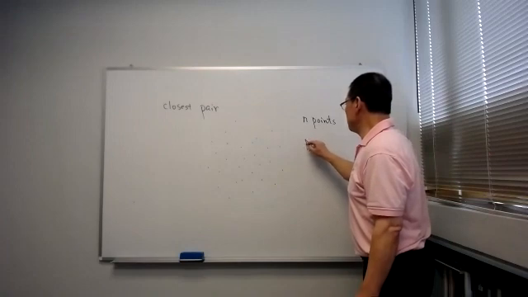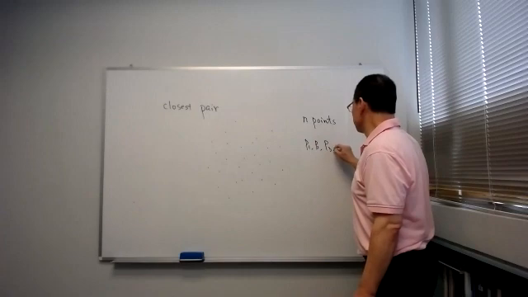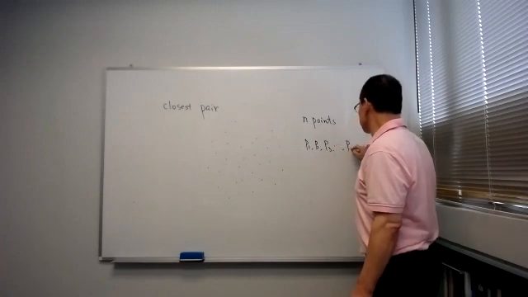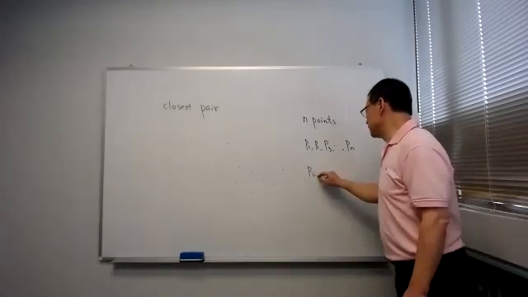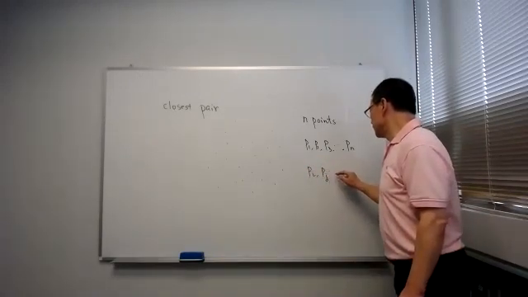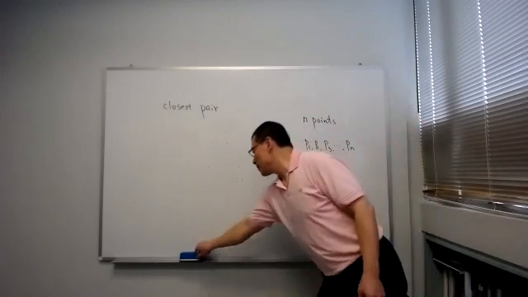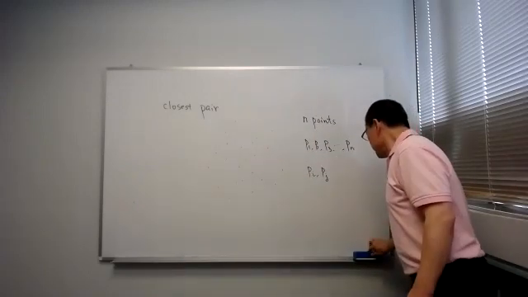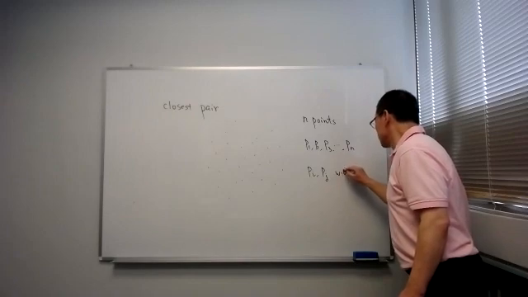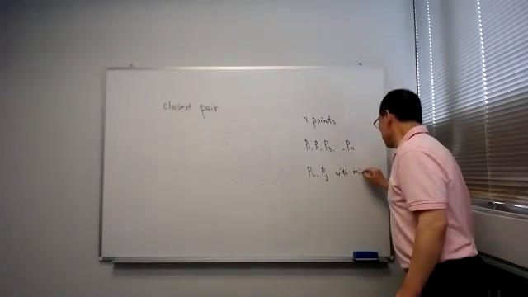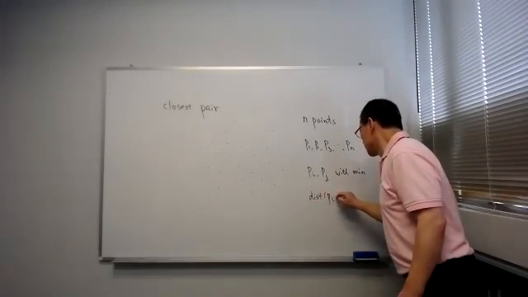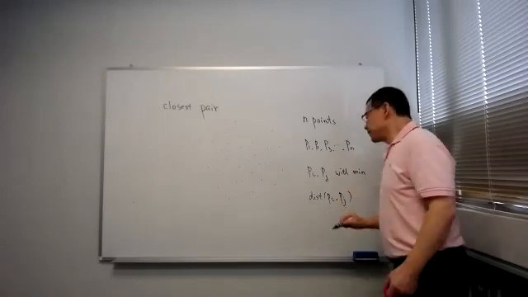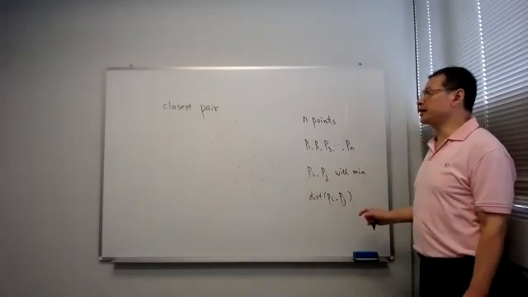So just P1 to Pn, these n points. So I want you to find the Pi, Pj whose distance is minimized. So that's called the closest pair.